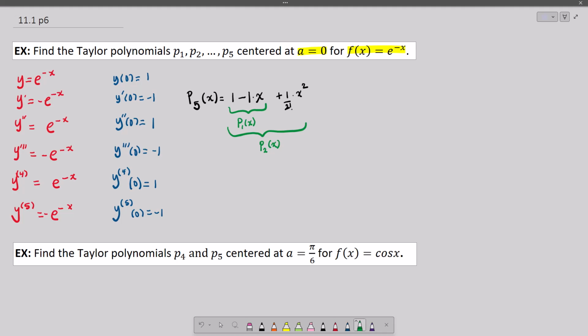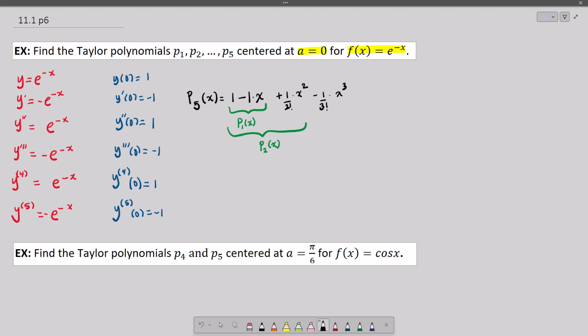And then we keep on going. To get to the third order term, we have a minus 1 multiplied by x raised to the third power. And we're going to divide by 3 factorial, which you can just leave as 3 factorial. We want to identify the pattern, and it's more obvious what the pattern is that way.